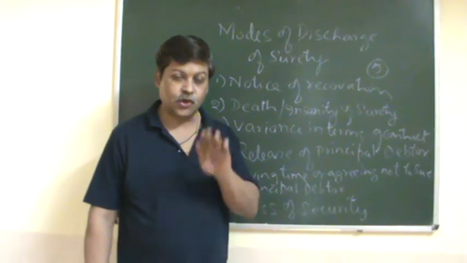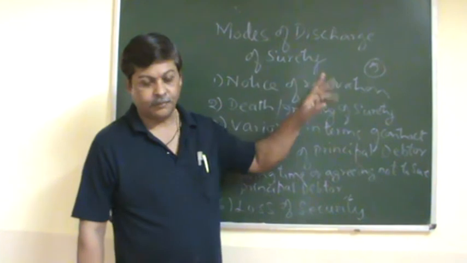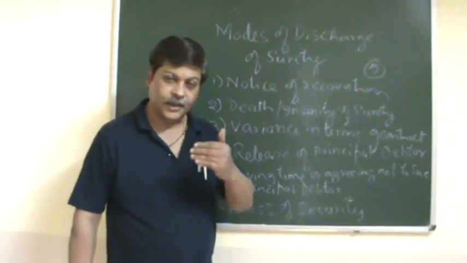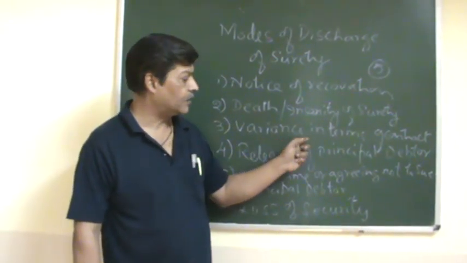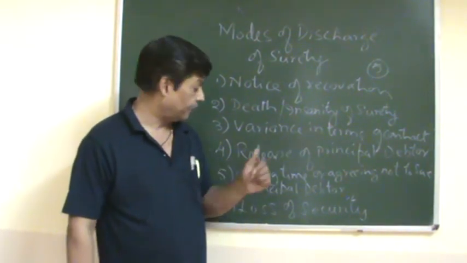Variation can be made in the contract with the knowledge of the surety, but if it is without his knowledge, then he gets a discharge. That is variance in terms of the contract without the knowledge of the surety.